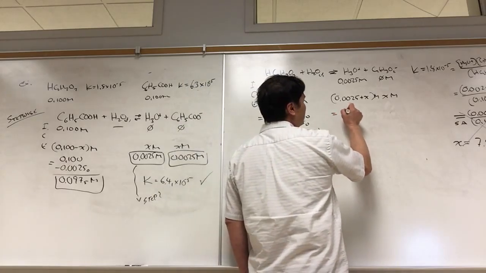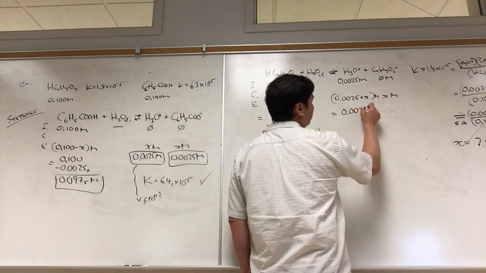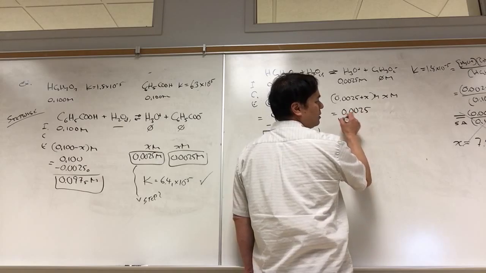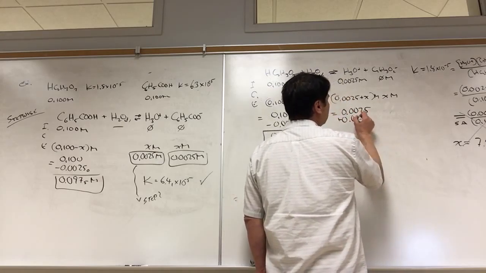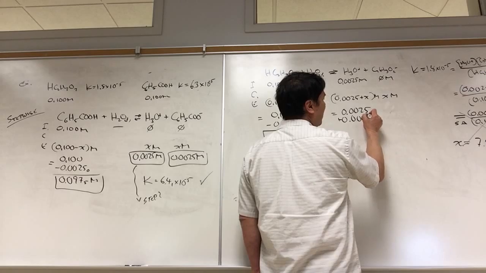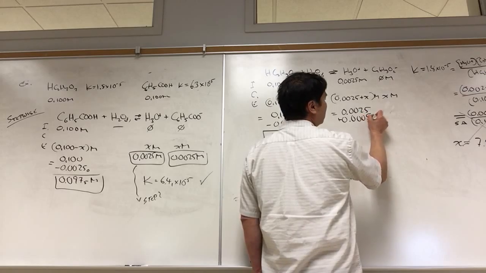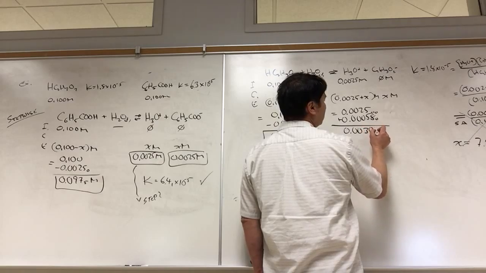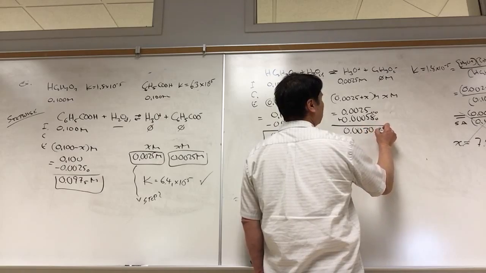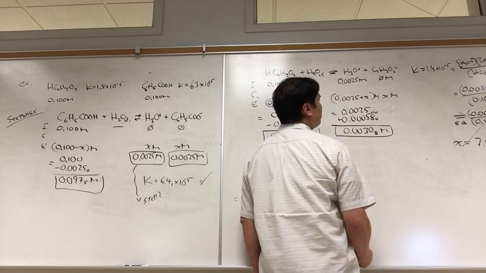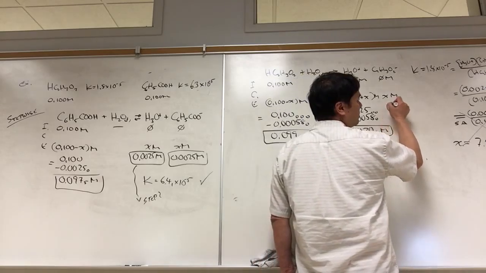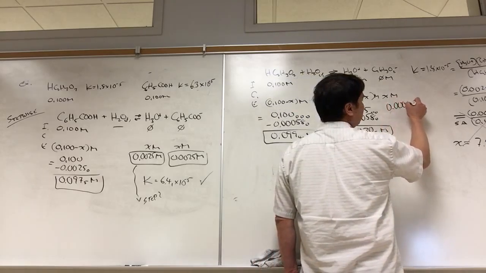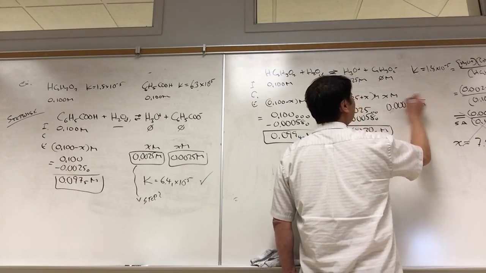And then the hydronium, this is going to be 0.0025 plus 3 zeros, 1, 2, 3, and a 5/8. So this is 0.00308. And this would be 0.00058 molar.